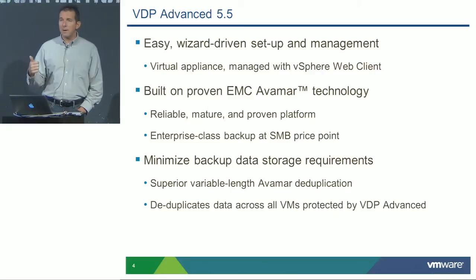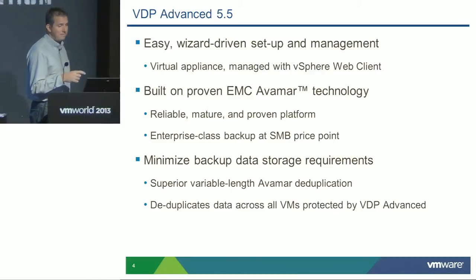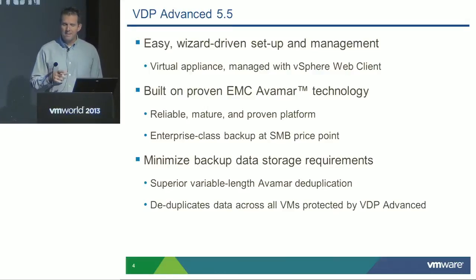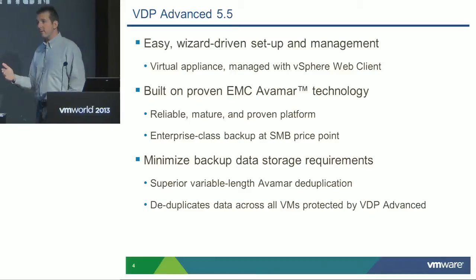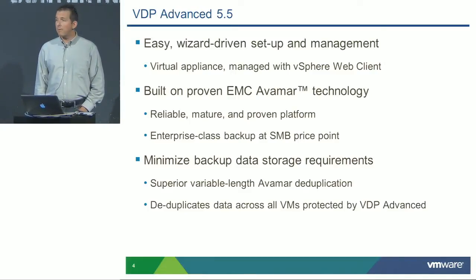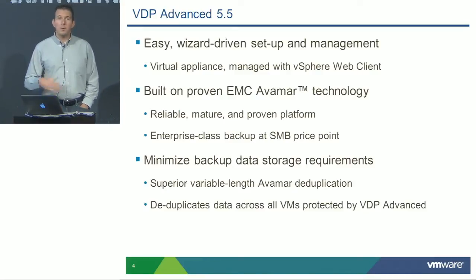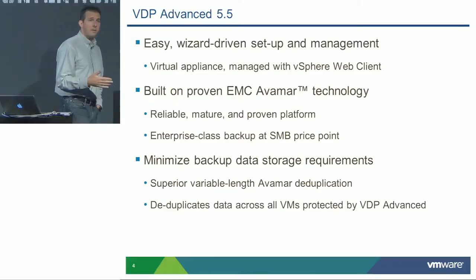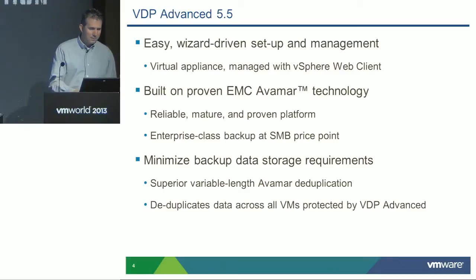And that is because it does variable length segment deduplication as opposed to a fixed length segment deduplication. That's a mouthful there. Anyway, long story short, you'll see 80, 90%, maybe even more than that when it comes to deduplication efficiency after you've had VDP Advanced running out there for a while. So you'll be able to back up lots of virtual machines, but it's not going to require lots of storage to store that backup data because of that deduplication algorithm.